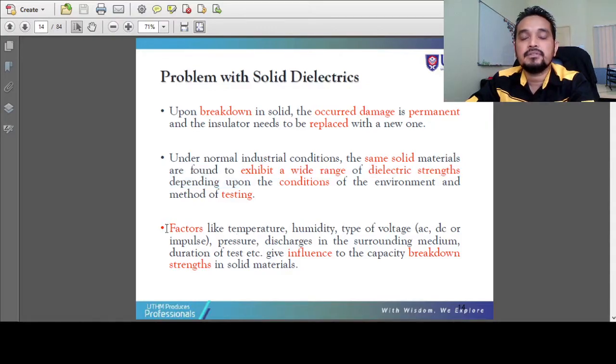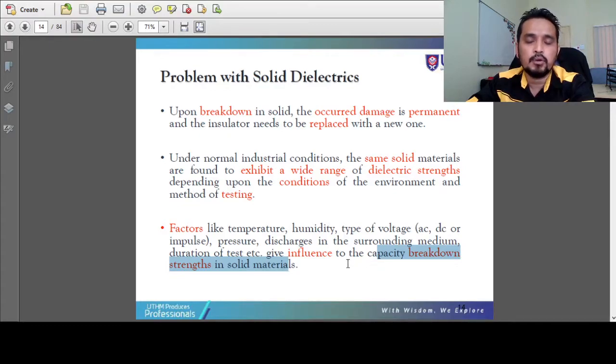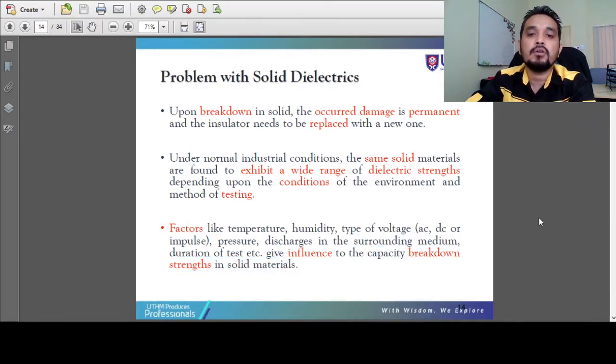Since most solid dielectrics are used outdoors, outdoor factors such as temperature, humidity, rain, the environmental conditions, and the voltage type, of course, AC, DC or impulse, are some of the external factors that would influence the breakdown strength, like pollution. All these environmental issues will definitely affect the performance of solid dielectric.